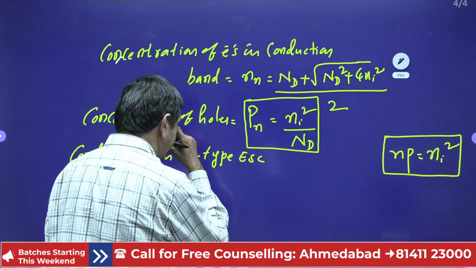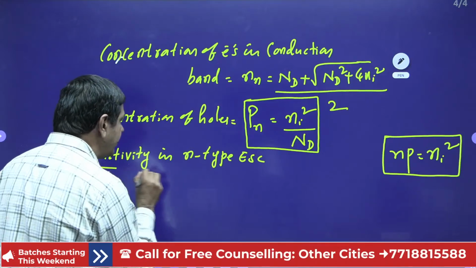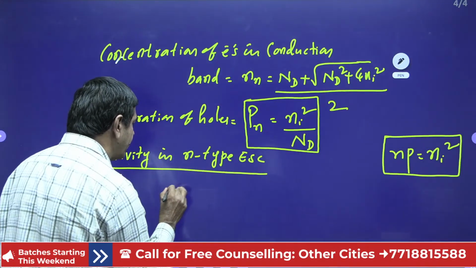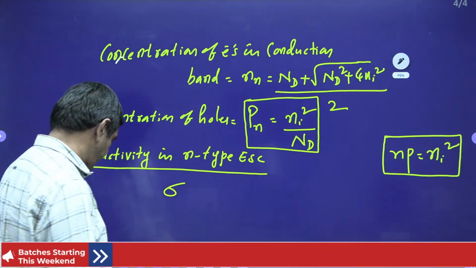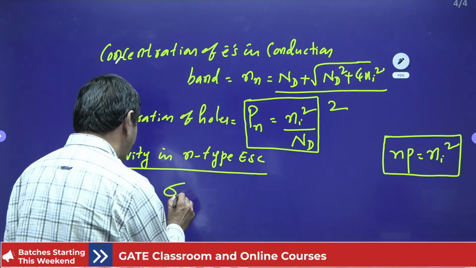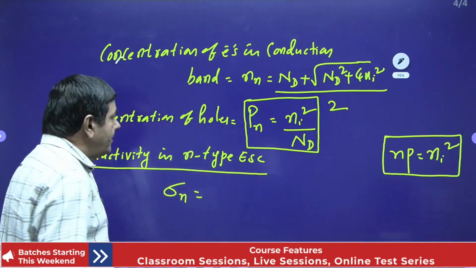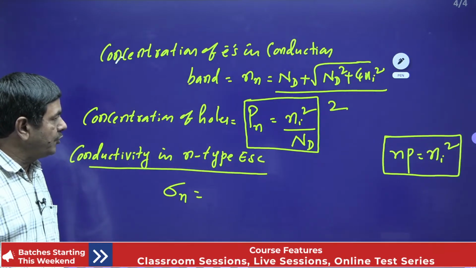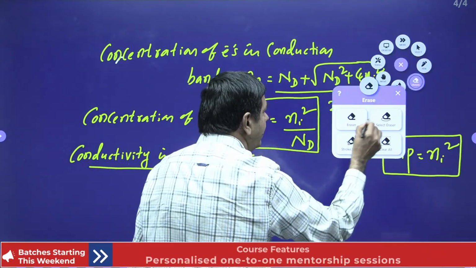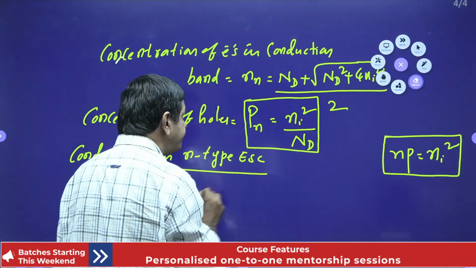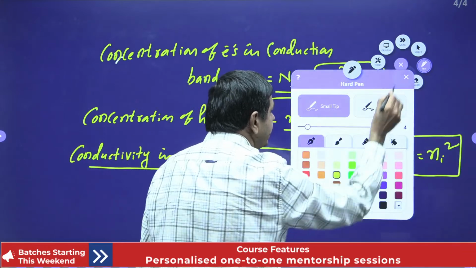The conductivity is denoted by symbol sigma n. Sigma suffix n, we can write it now. Better to use sigma. Conductivity in n-type material now.